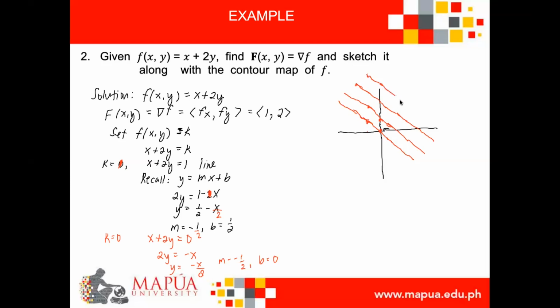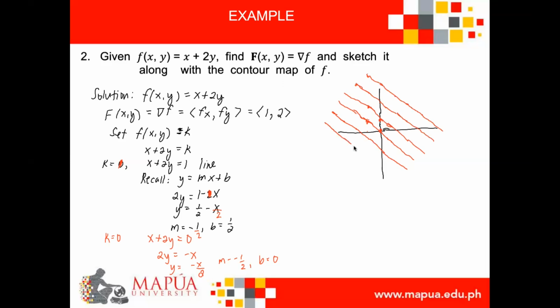So these are the lines that can be formed from the given equation x plus 2y equals k. So it is a set of lines, slant lines particularly. So this comprises the contour map of your given function.